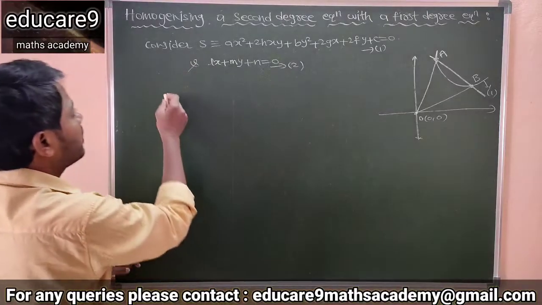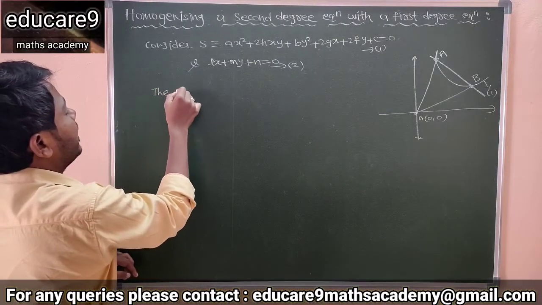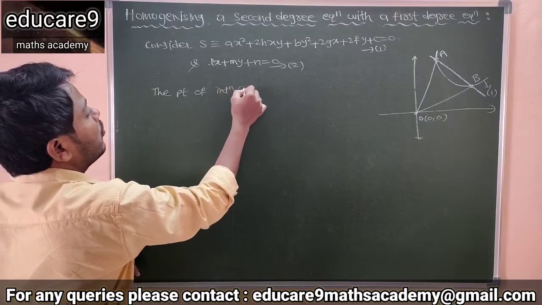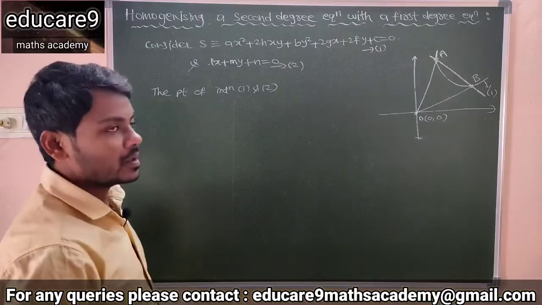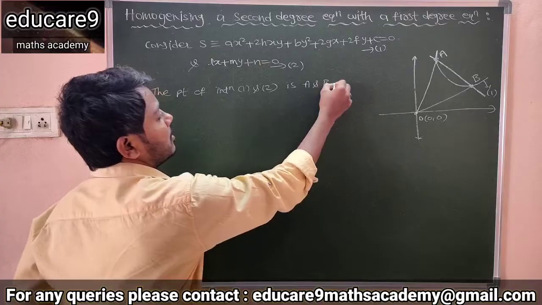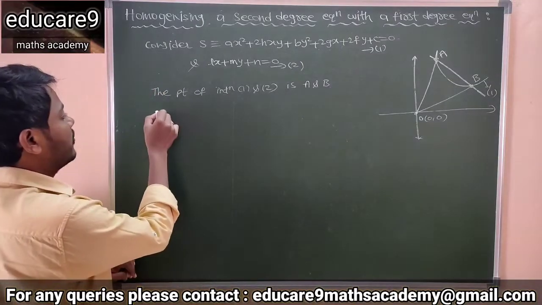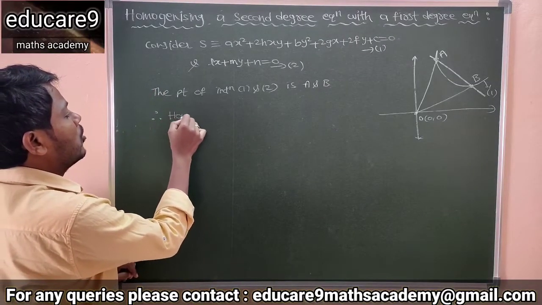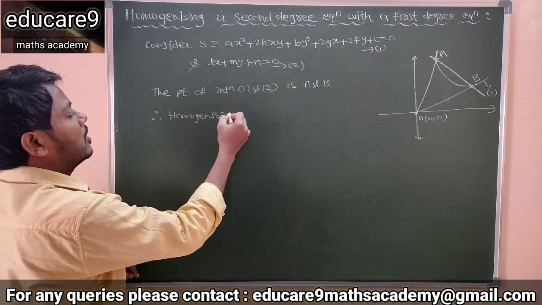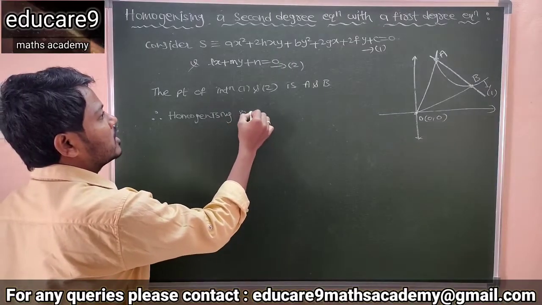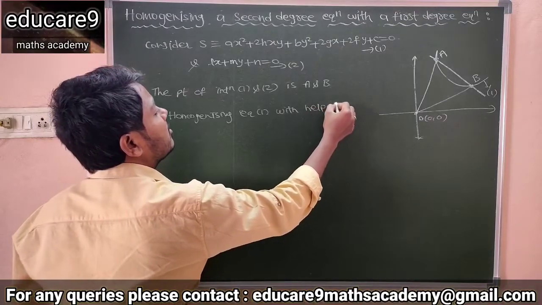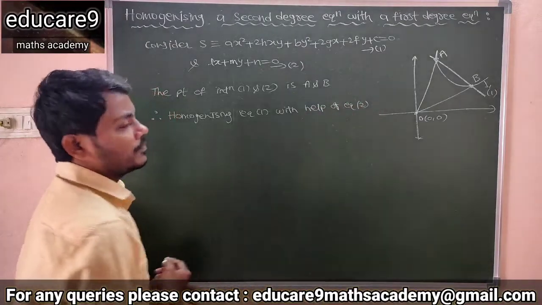Okay. So see here, the point of intersection of 1 and 2 is A and B. Therefore, homogenizing equation 1 with the help of equation 2.